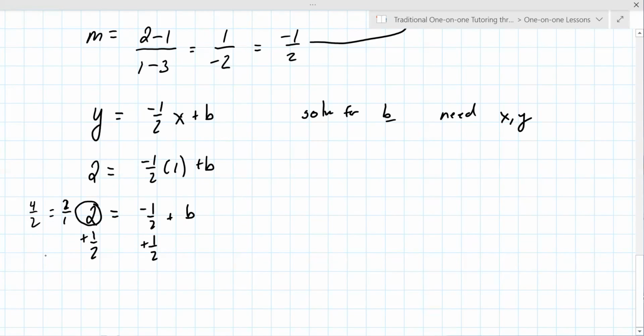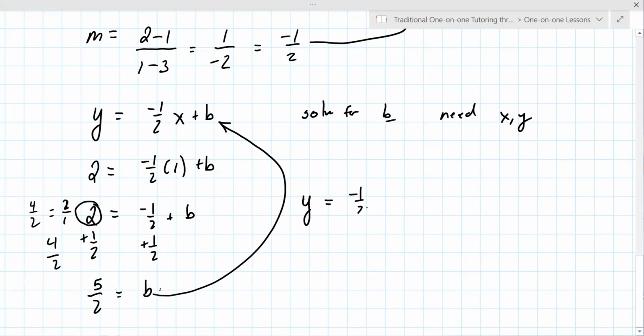So it's like 4 over 2 plus 1/2. I know you could just say it's 2.5, but you really want to write it as a fraction here. So you take this b value and put it back in this line, not one of these other lines. It has to be back in this line. And that becomes y equals -1/2 x plus 5/2.